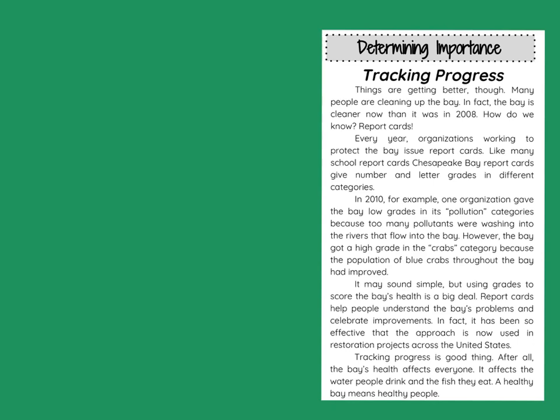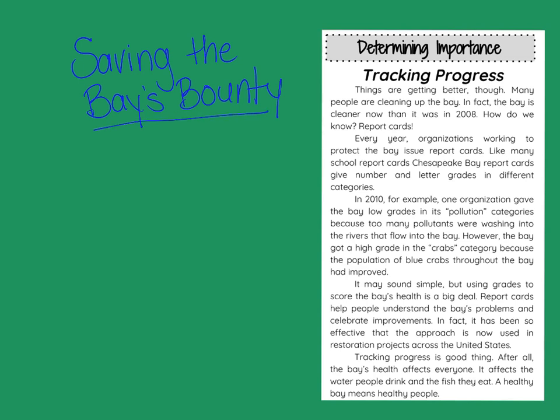Now, here's another excerpt from the same passage. This is from Saving the Bay's Bounty. If you look at this heading, it is kind of like a mini title in this article. This heading is called Tracking Progress. I want you to read this excerpt. It has 5 paragraphs.